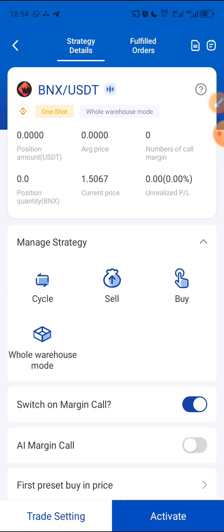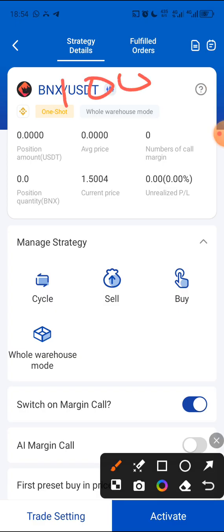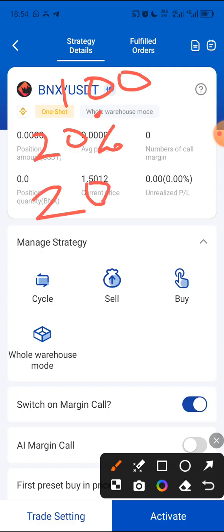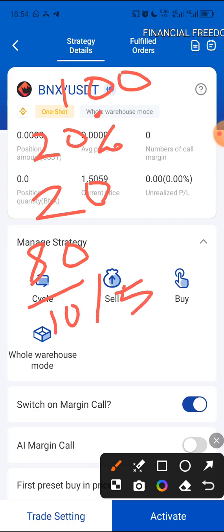So let's say a coin is going to drop at least 20%, and you have your $100. You use 20% as your first buying amount, which will be 20, leaving you with 80. So 80 divided by 10, or you can divide by 5, any of your choice.